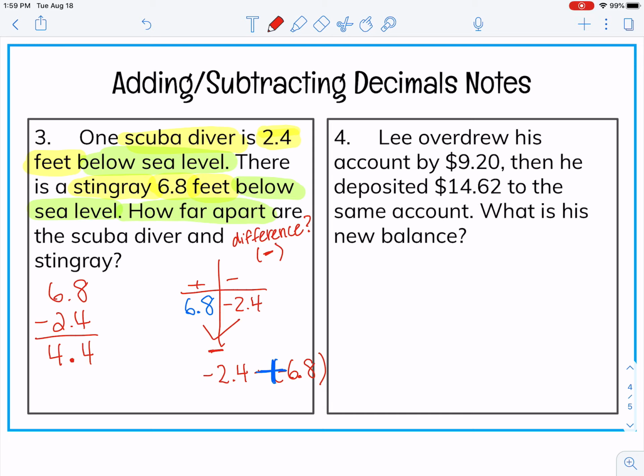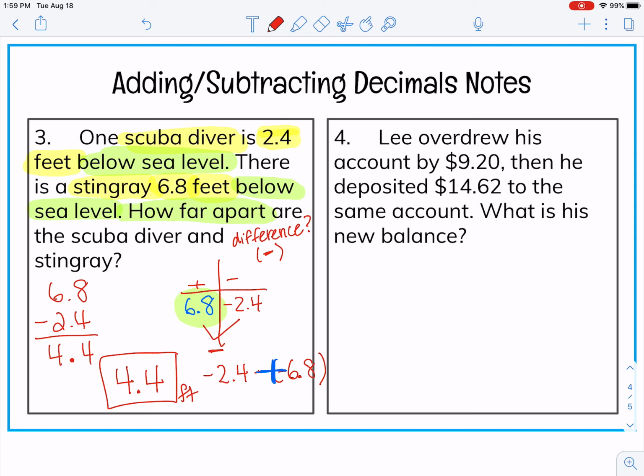Now we know that the biggest absolute value is 6.8, and we saw that it was a positive, so our answer should also end up positive, and that's going to be 4.4 feet. That's how far apart they are, 4.4 feet apart.